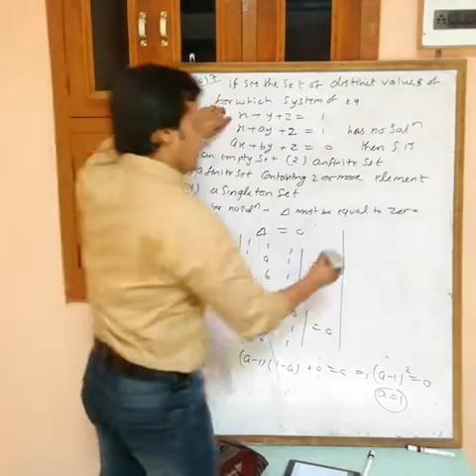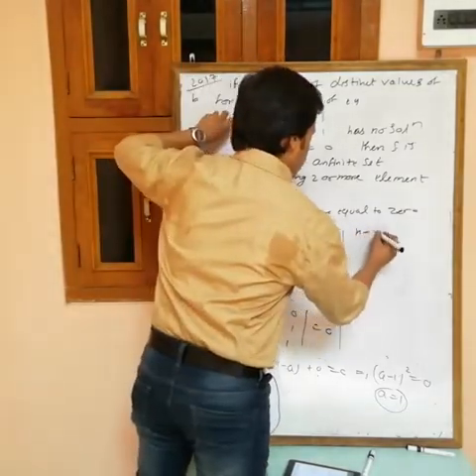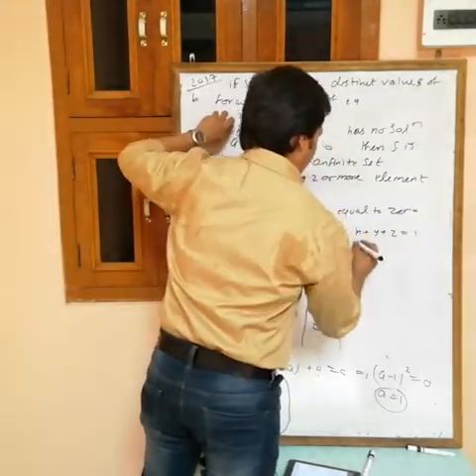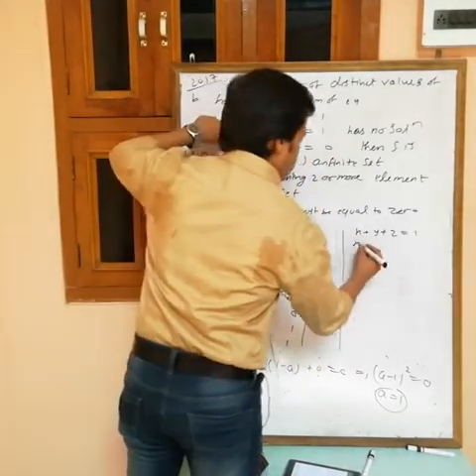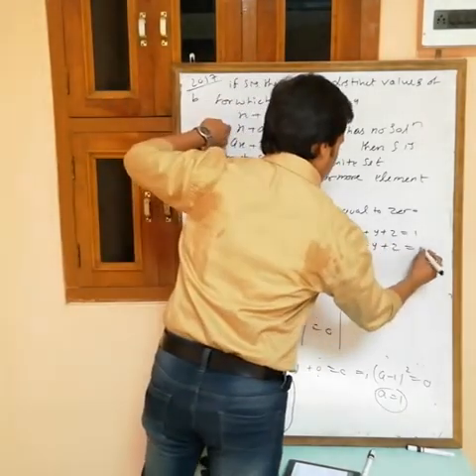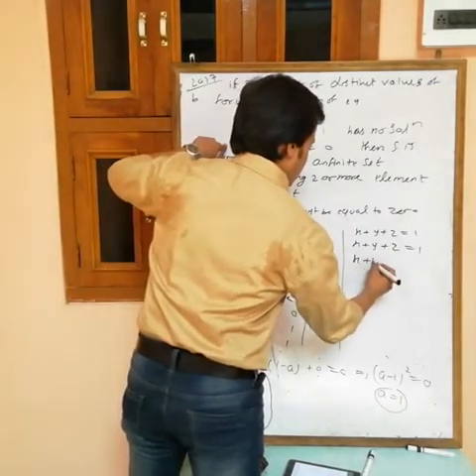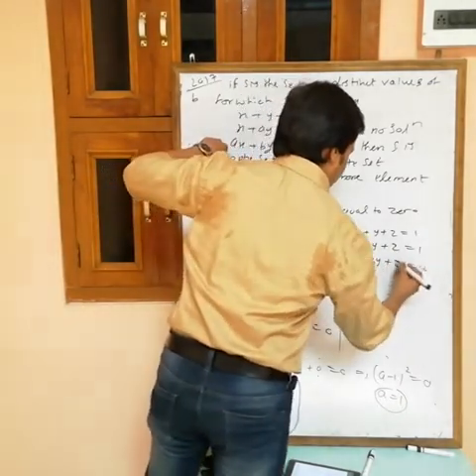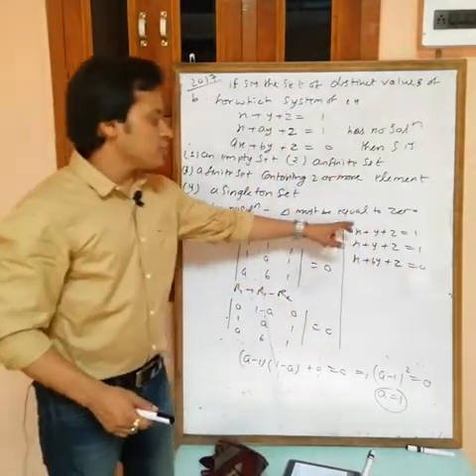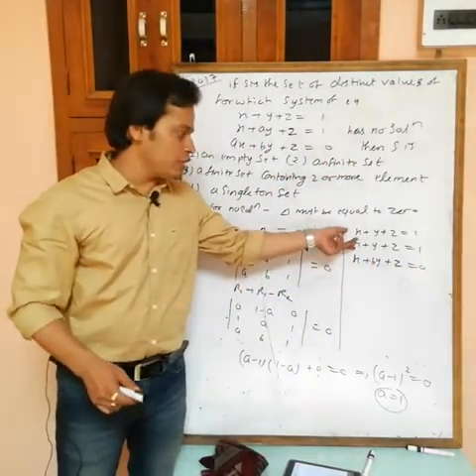If you put a equals 1, then what are we getting? x plus y plus z equals 1. Here a equals 1, then x plus y plus z equals 1. Then the third equation is x plus by plus z equals 0. Now see, this first one and second, these both become the same.